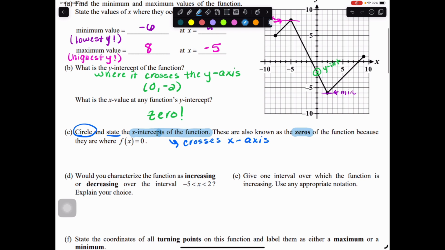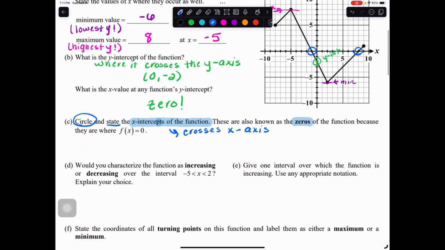First, let's go find them on the graph. We want where they cross the x-axis. So we have that happening here and here. So for x-intercepts, we would have the points -1, 0 and 8, 0.